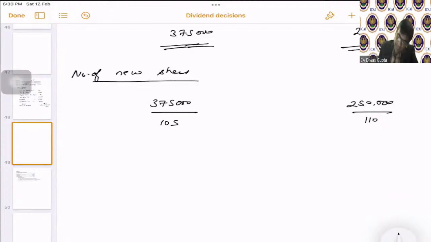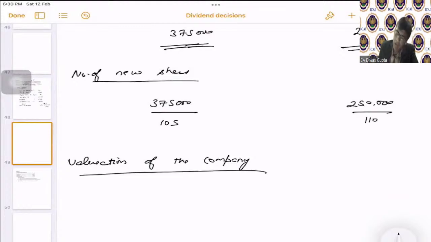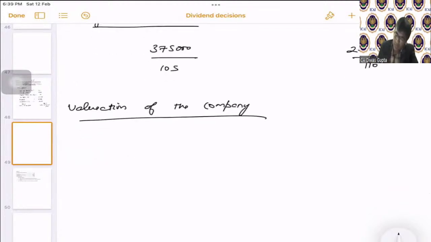And then lastly, the valuation of the company. This is how we are calculating, students.